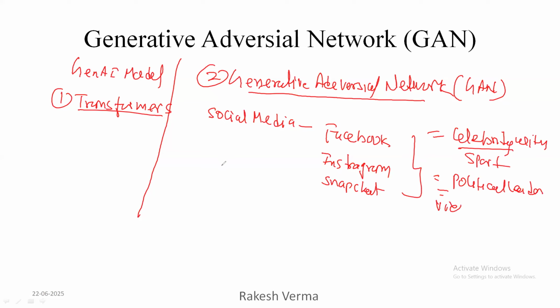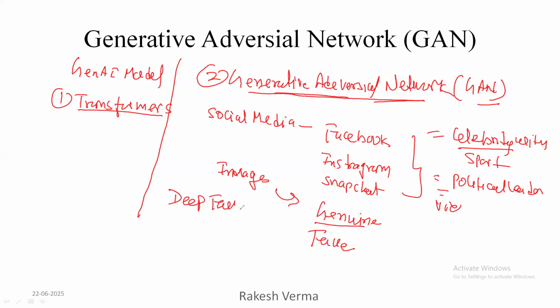So those images which we generally see on the different social media, actually those images are not genuine images or real images. Basically, those are fake images which are generated by the generative adversarial network, and this particular domain is referred to as deepfake. So nowadays deepfake is at work.